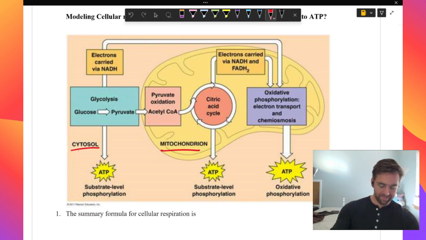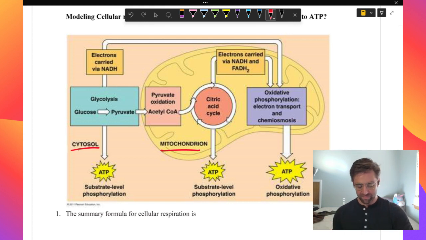And so I guess the easiest way to go through this is from left to right, starting in this blue box with glycolysis, breaking down glucose into pyruvate. Pyruvate then gets transformed into acetyl coenzyme A, acetyl-CoA, through a process called pyruvate oxidation. That then goes into the citric acid cycle.